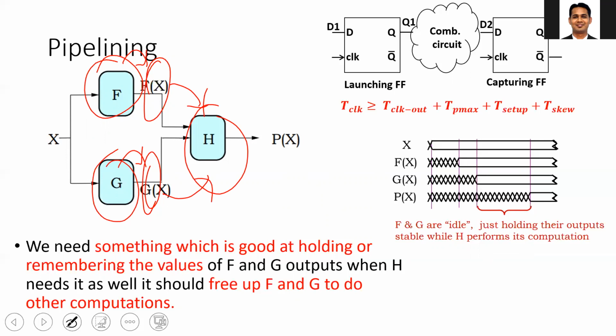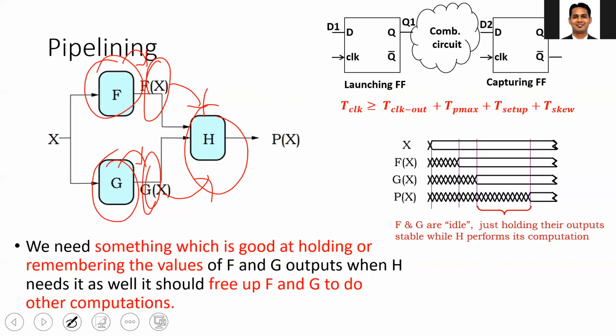So we need something which holds the values of F and G when H needs them, as well as frees up F and G to do other computation. Once F and G complete their operation, they pass the data to the intermediate circuit and can take the next set of data.